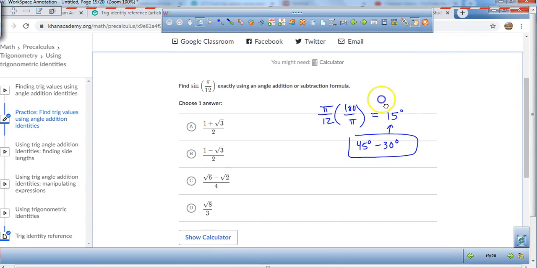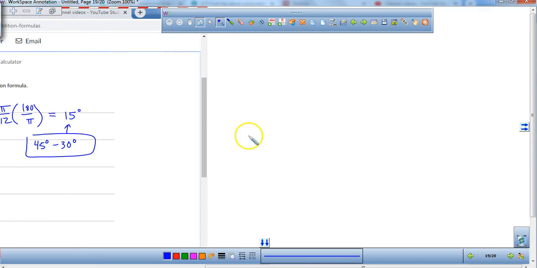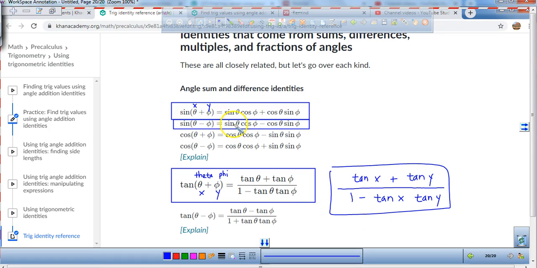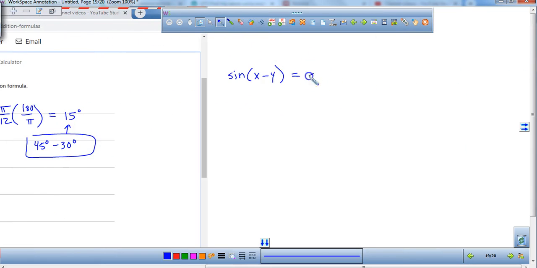So let's go ahead and build everything right over here. We're going to say the sine of x minus y ends up becoming, let's go back and take a look, the sine of x and the cosine of y. Okay, let's write it down. The sine of x and the cosine of y minus the cosine of x and the sine of y.